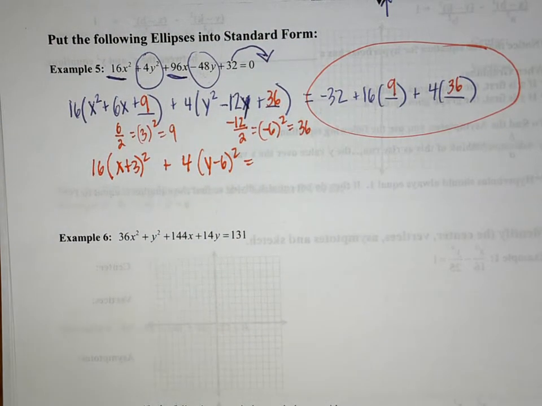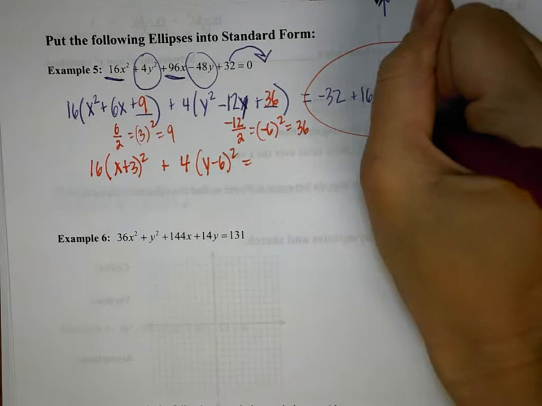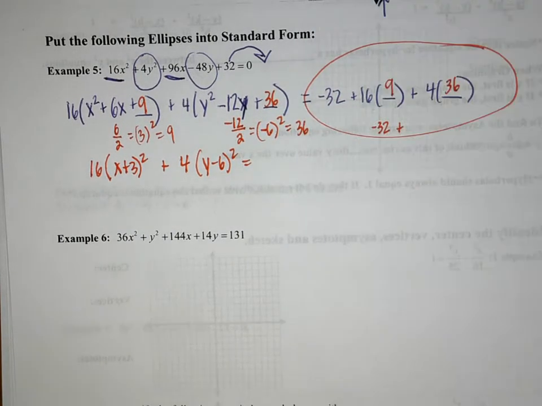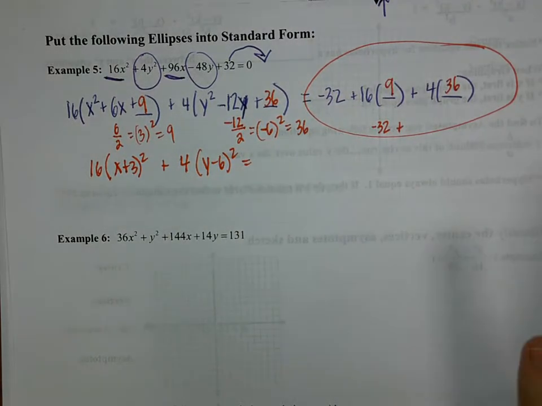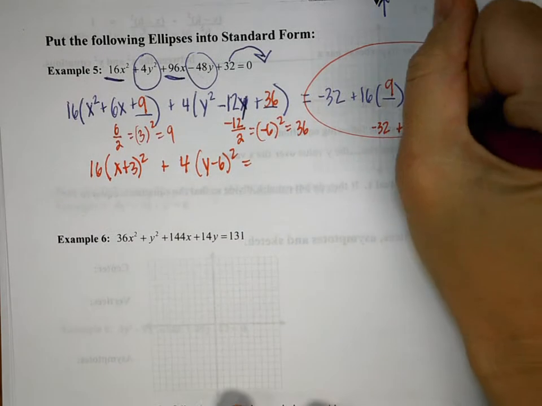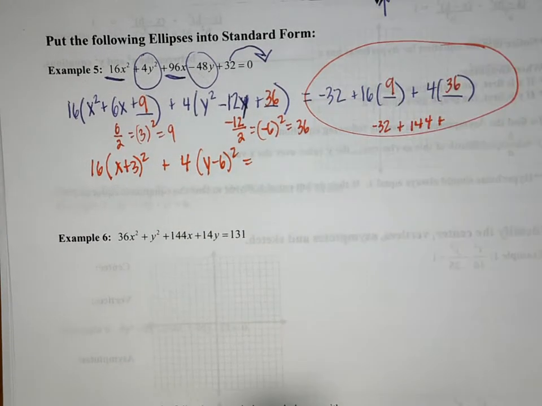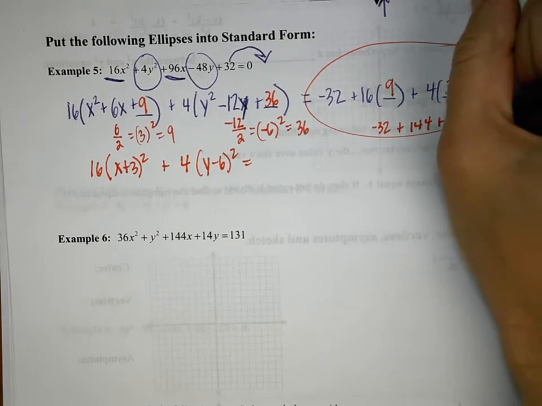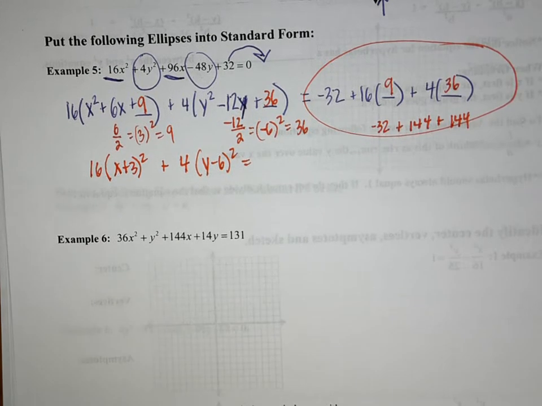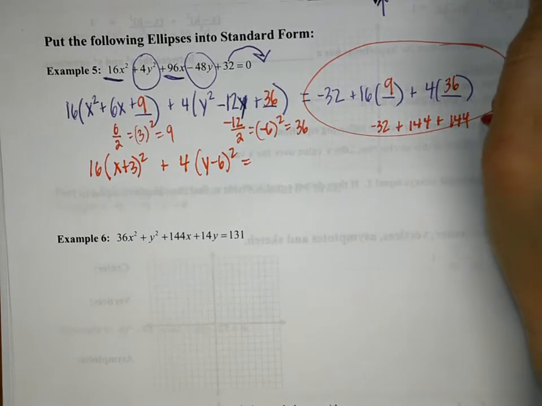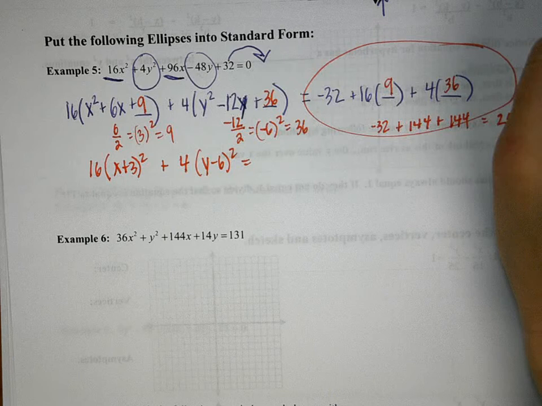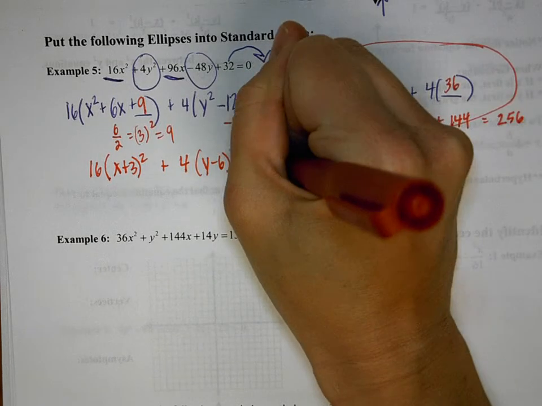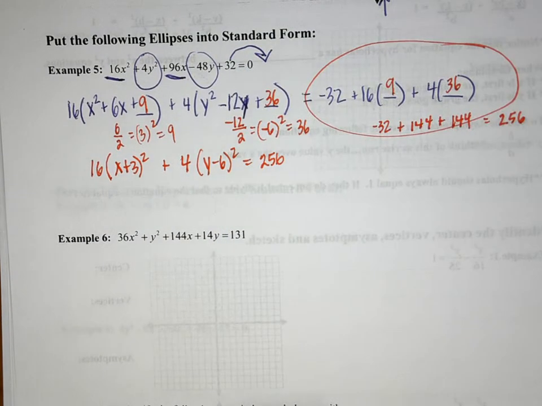So we have negative 32 plus 16 times 9 is, very good, 144, plus 4 times 36 is 144. When we add and subtract there, we end up getting 256. So this number right here is 256 once I simplified all that.